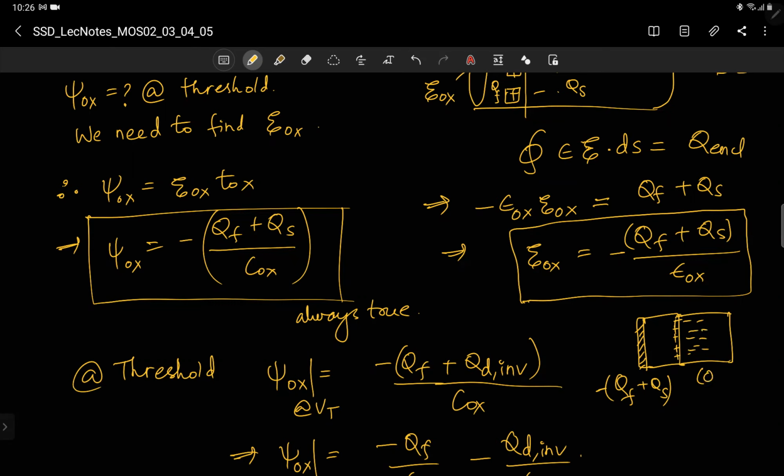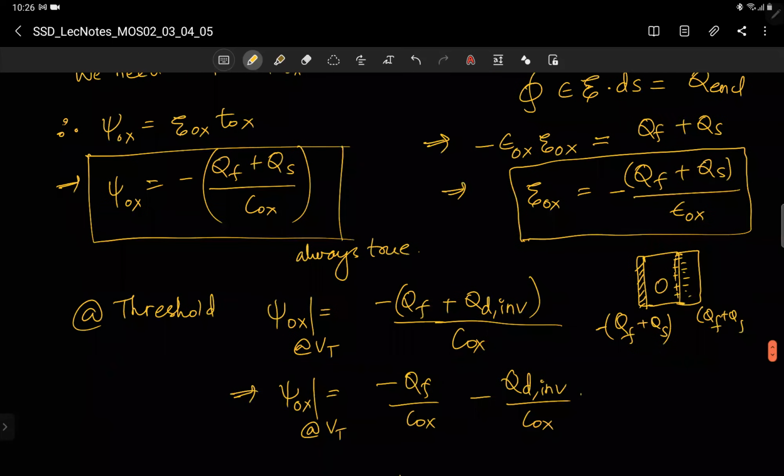So on this side you have QF plus QS charge. I will remove all this. It is as if you have two electrodes like this, with oxide in between. So that is what Ψox is. This is always true.